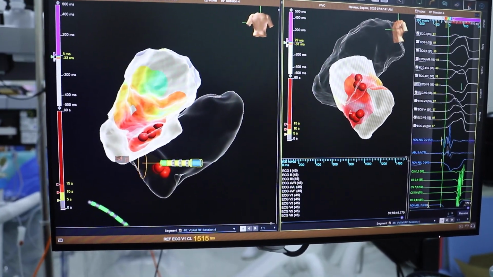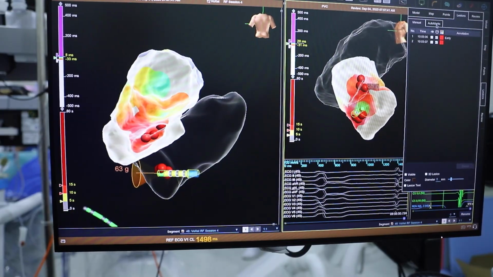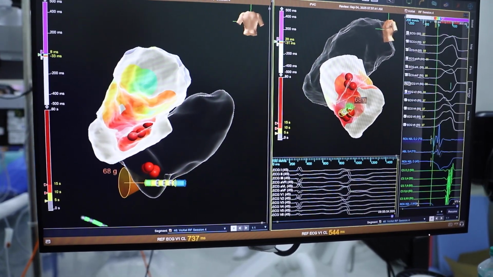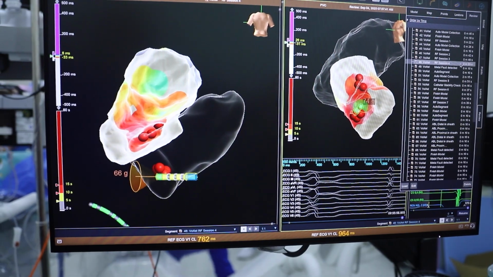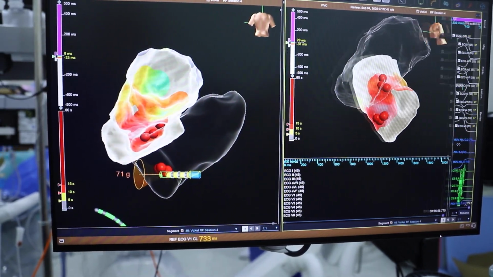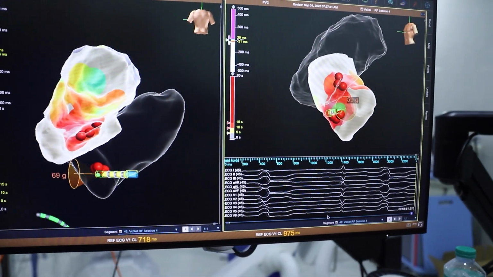He will show us where we started ablation from the left side, from the right coronary cusp. This is the ablation, RF4, yellow. This is where we ablated.